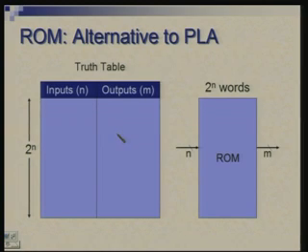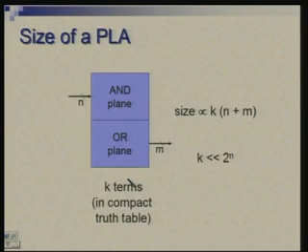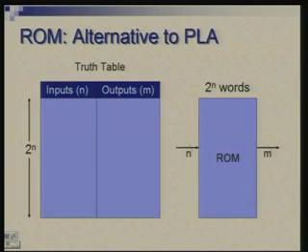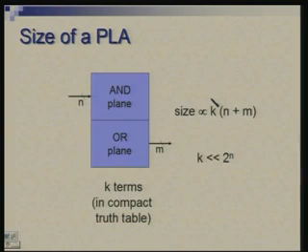Now how does this alternative compare with the PLA? The difference is in terms of size. A memory like this will have 2 raised to power n words, each of m bits, so the total number of bits is m multiplied by 2 raised to power n. On the other hand, a PLA implementing an n input m output circuit will have an AND plane and OR plane.